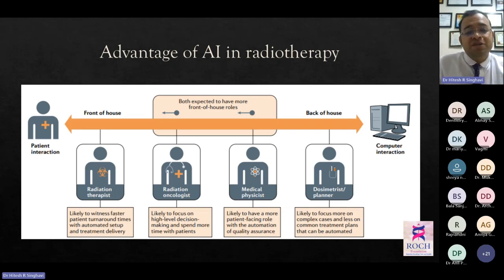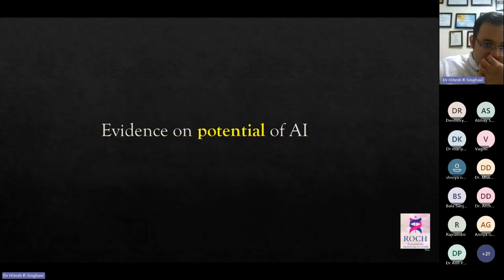Now, the advantage of this is that the radiation therapist can give more time to the patient. The turnaround times will be reduced. Medical physicists will be able to have a more patient-facing role with automation of quality assurance, and dosimetrists will likely focus more on complex cases as compared to common cases.